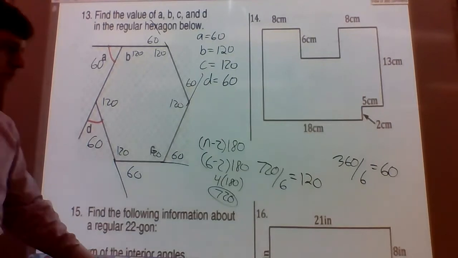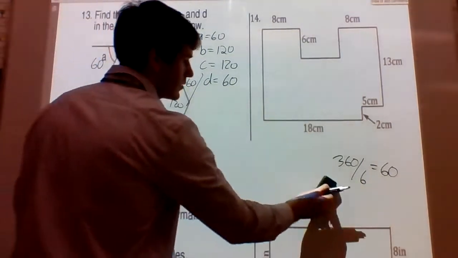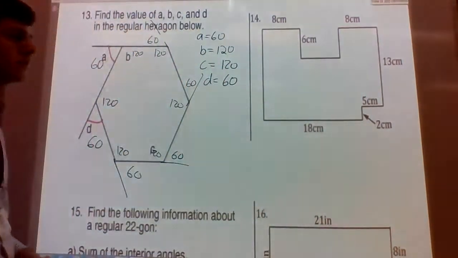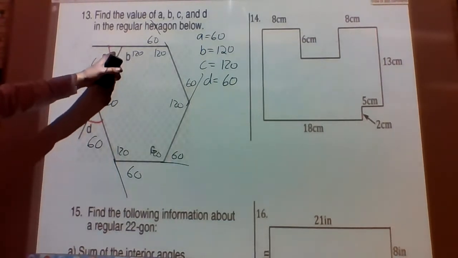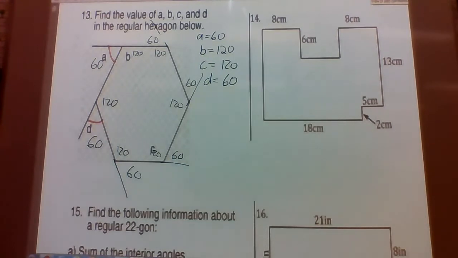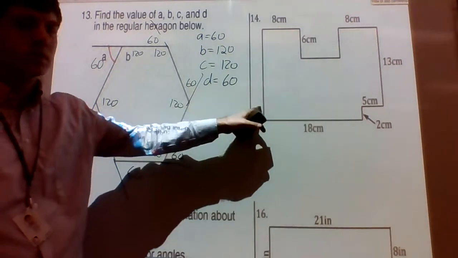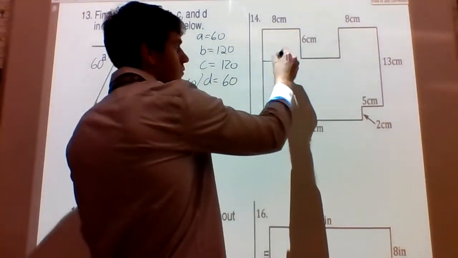14. I'm going to erase this. Again, we also notice these are supplementary, so they add up to 180. Okay, 14, we can break up into 4 different rectangles.